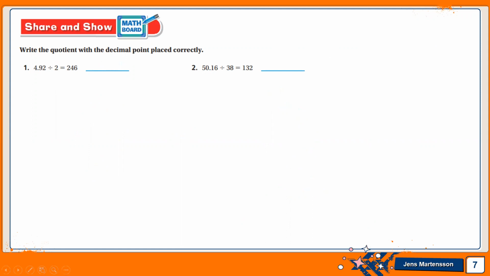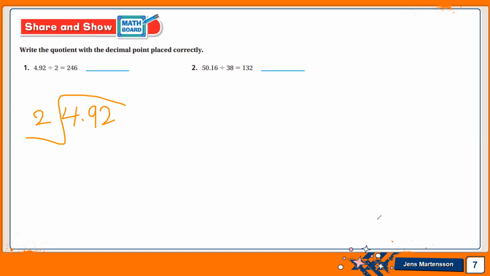4.92 divided by 2. What do you have to do? Divide 4 by 2. Divide, not multiply.